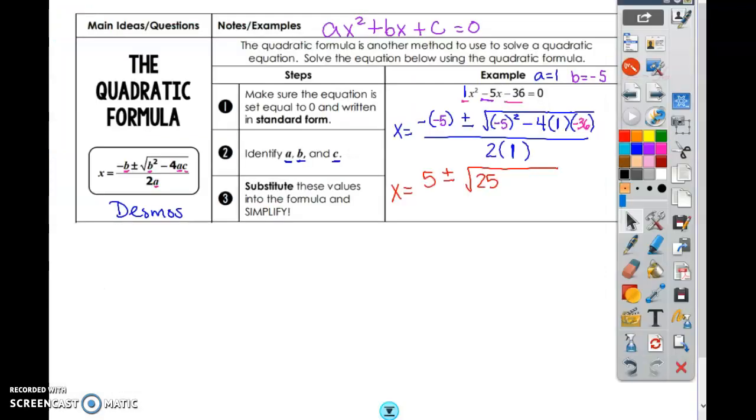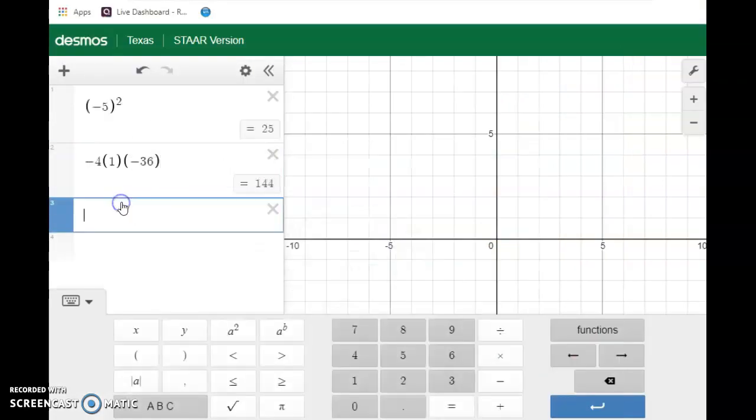So right here, instead of putting a minus, I'm going to put a positive 144. Okay? Divided by, this one you can do it in your head, right? If you can, you put it in Desmos. But what's 2 times 1? 2. So at the bottom is just a 2. Keep going. I'm going to add these two inside. What's 25 plus 144?